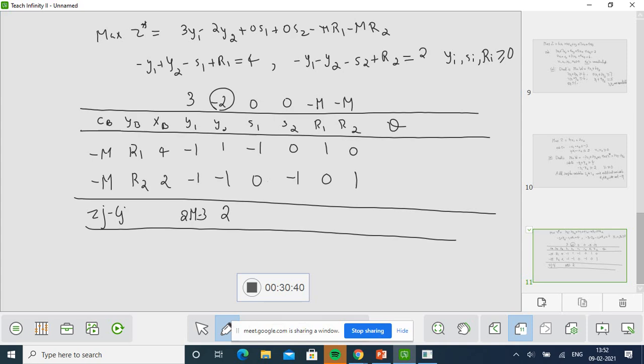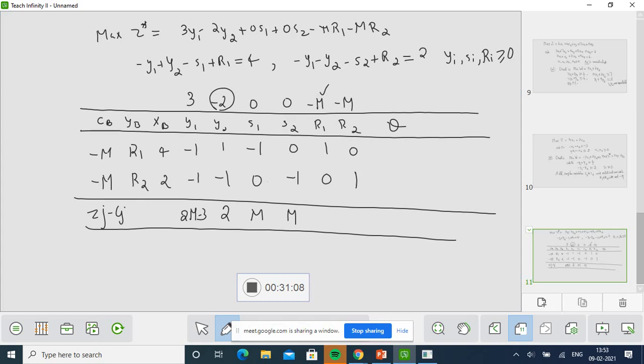Then come to the S1 column. Minus m into minus 1, value is m. Then come to the S2 column. The first row becomes 0. The second row will be minus m into minus 1, value becomes m. Then come to the R1 column. In the R1 column you have minus m into 1 is minus m. On the top you have minus m.